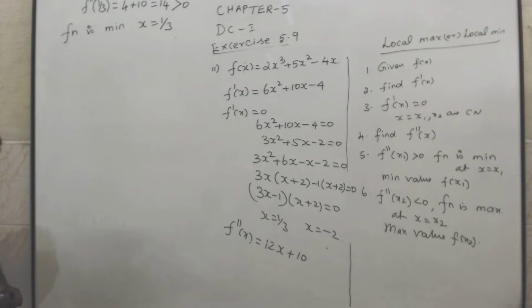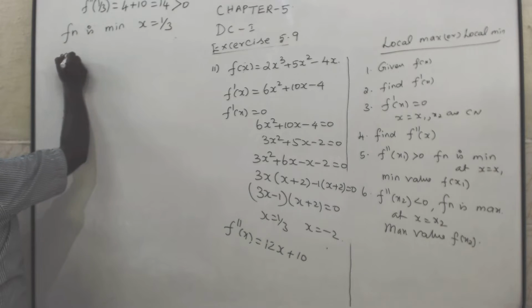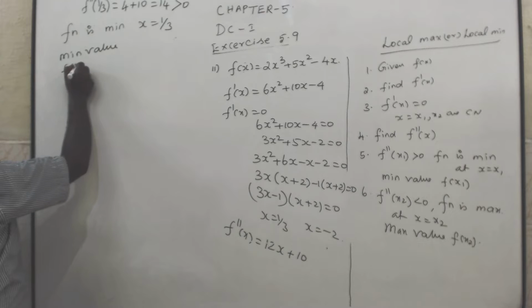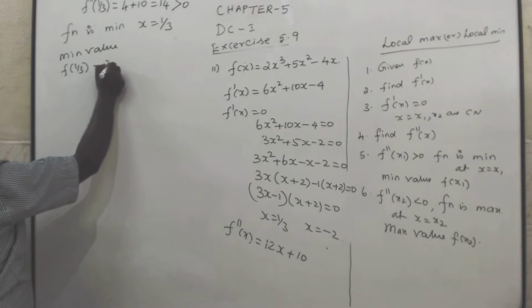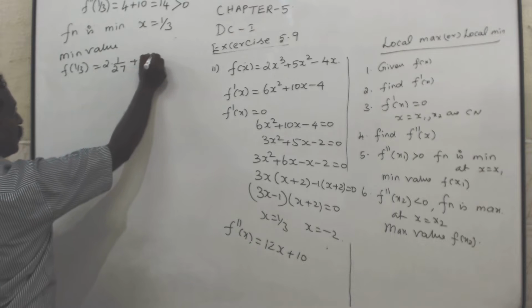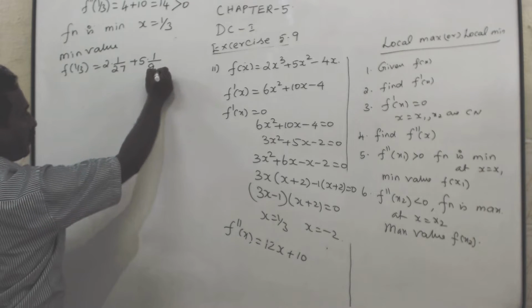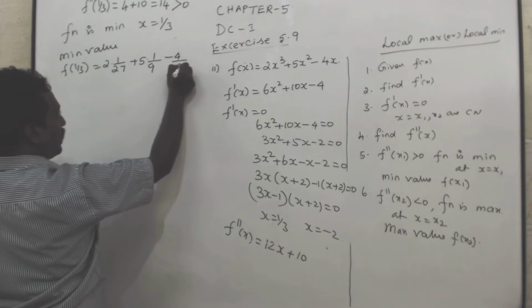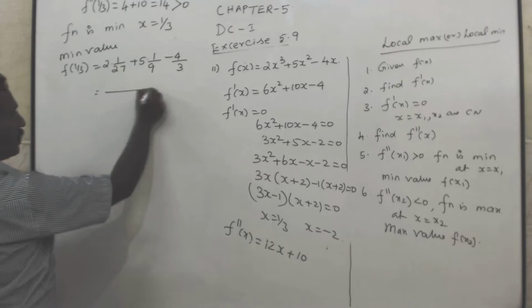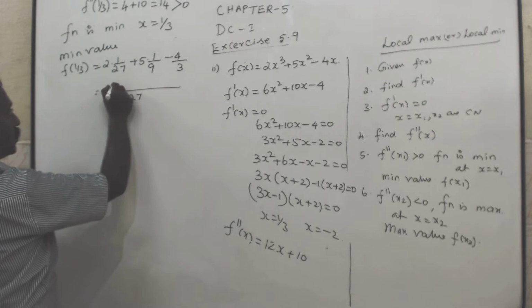If you want to find out minimum value, substitute in f of x. Minimum value, that is f of 1 by 3. 1 by 3 cube is 1 by 27, plus 5 into 1 by 3 square is 1 by 9, minus 4 by 3. What is LCM? 27. 2.